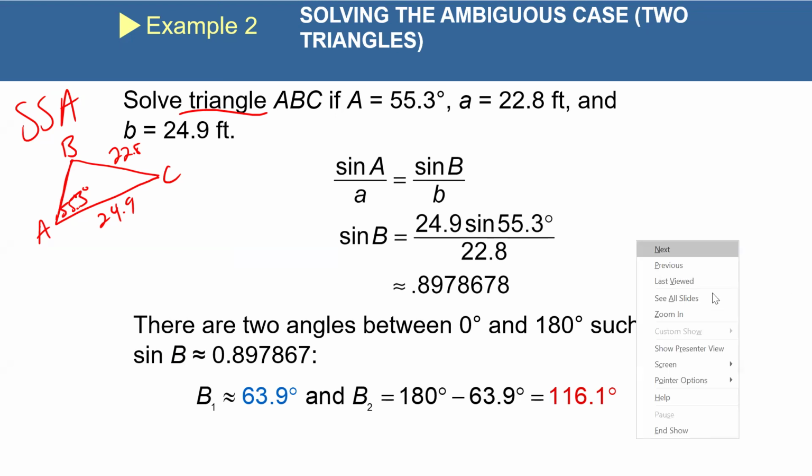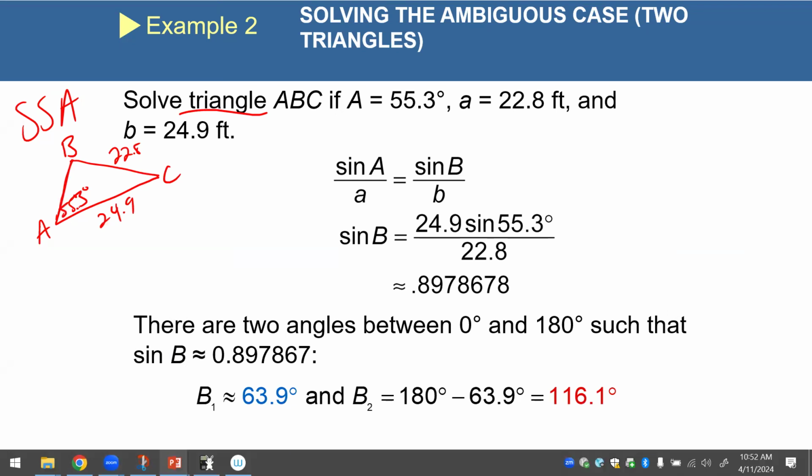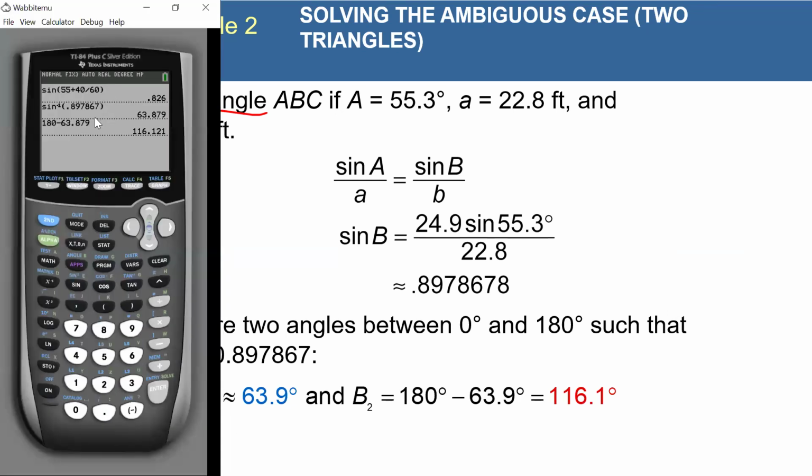We did the inverse of sine and found our quadrant 1 value. Then we subtracted that reference angle from 180 for quadrant 2 and found our quadrant 2 value.